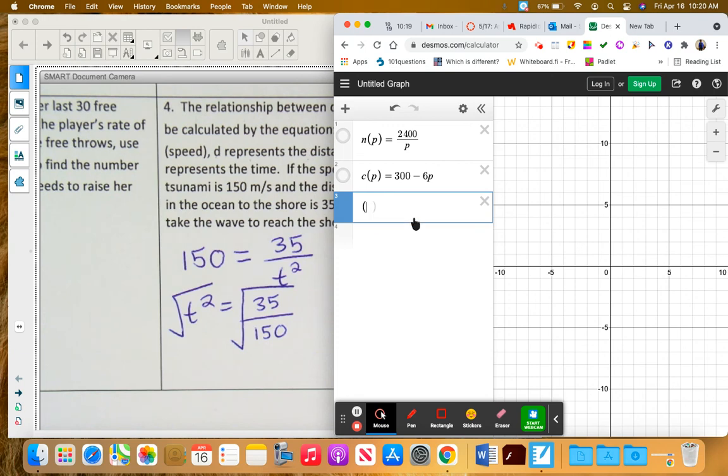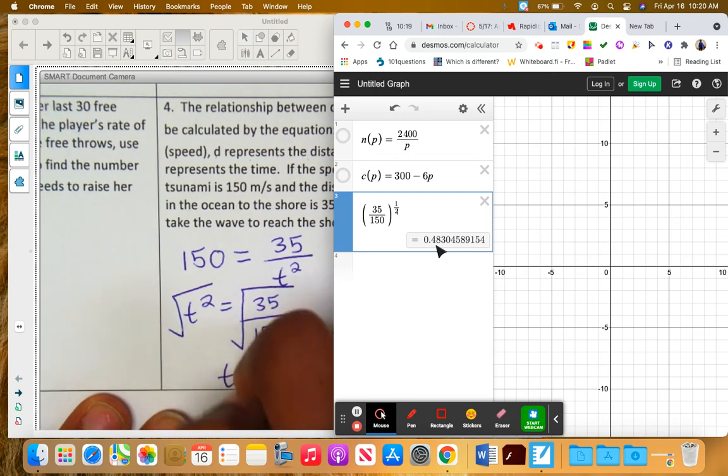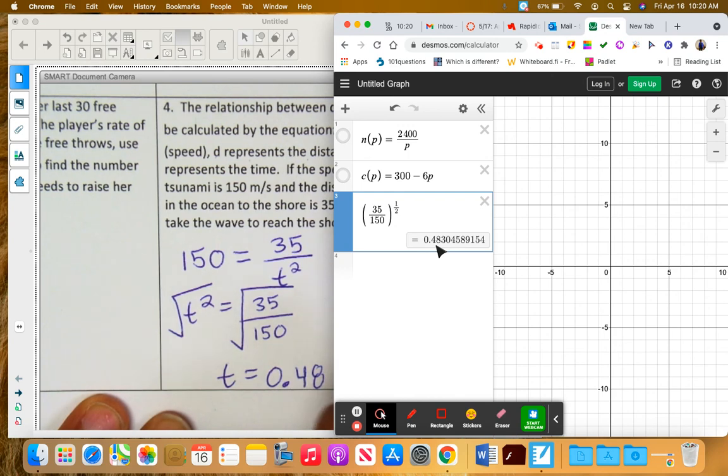A shortcut that I can do, I can just raise this to the 1/2 power. And I got 0.48. So T is equal to 0.48, and this is seconds.